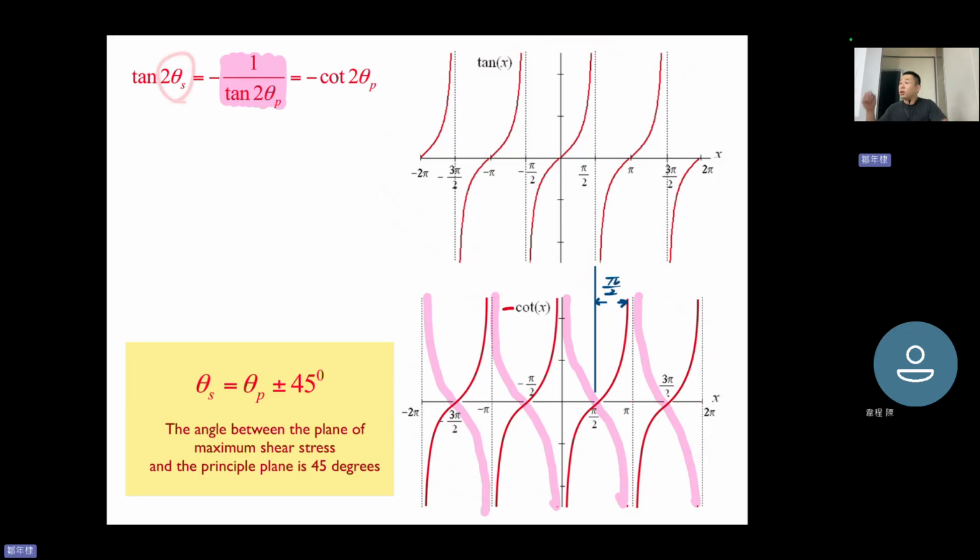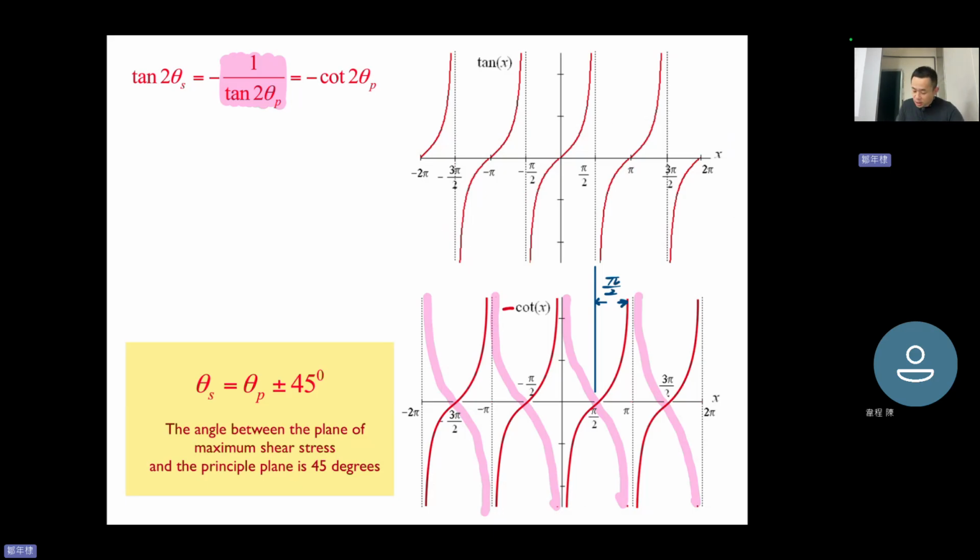Okay, so the angle between the plane of the maximum shear stress and the principal plane is a 45 degree difference. All right, so that's it.